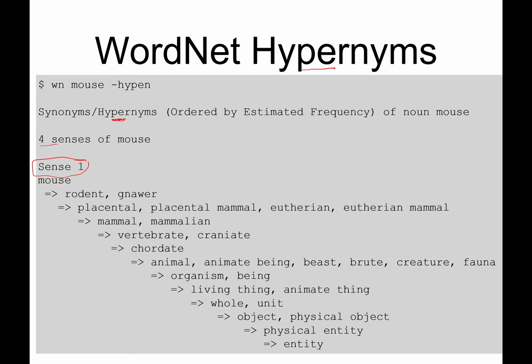This would print for the 4 senses, but in this slide we show only sense 1. So mouse is a hyponym of rodent. Rodent is a hypernym of mouse. And then rodent is a hyponym of placental, mammal, vertebrate, chordate, etc., until you go to entity, which is the highest concept in WordNet.